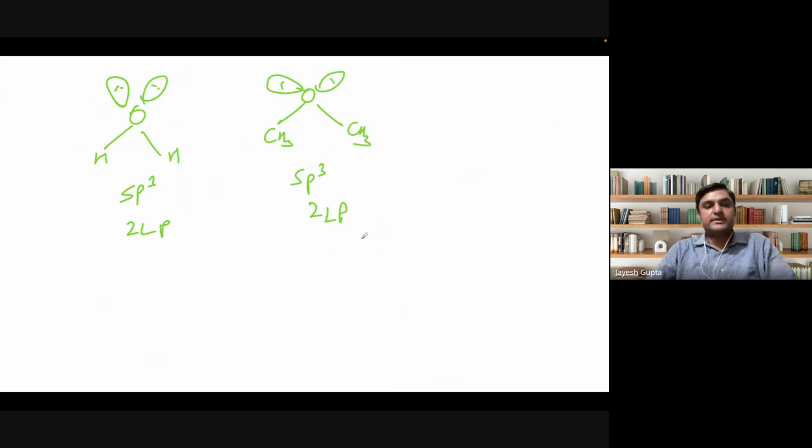Then comes the side atom and central atom. You can see the central atom is the same, but the side atom is different, hydrogen and carbon. The electronegativity of carbon is somewhat higher than that of hydrogen. Carbon will have more tendency to drift electrons toward itself if I compare carbon and hydrogen.